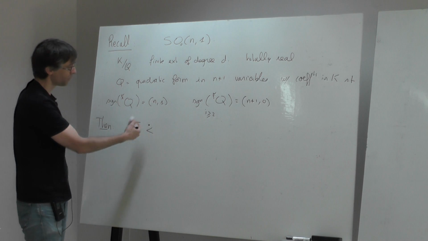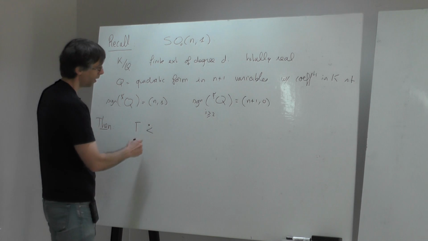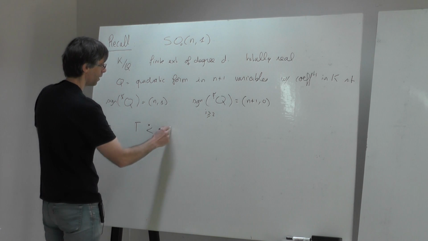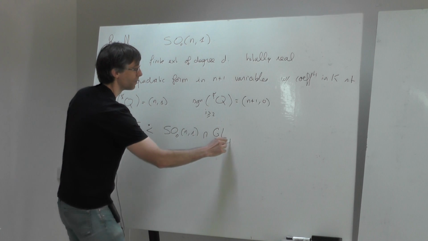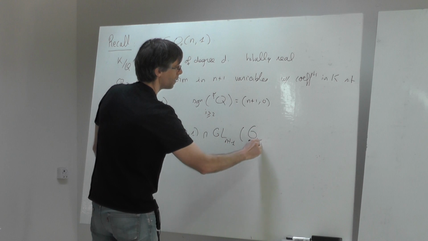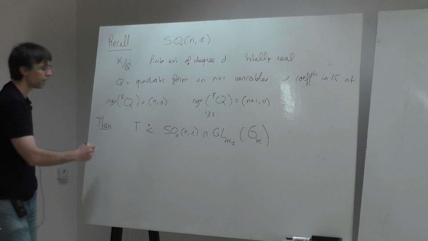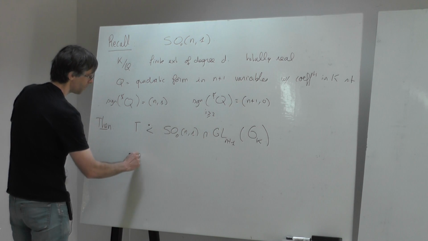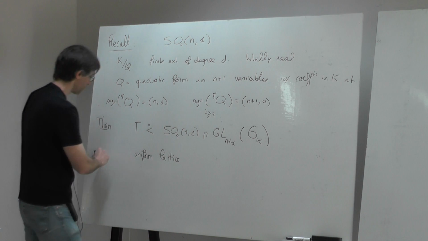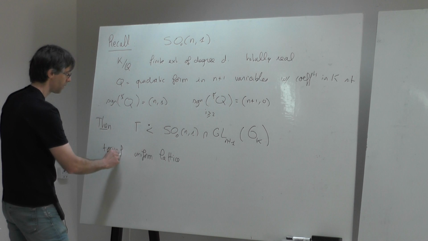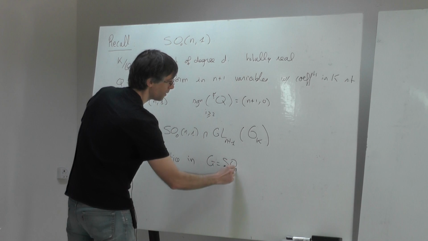So if you take a subgroup of sufficiently big index inside SO(n,1) intersected with the matrices with coefficients in the ring of integers, then gamma is a co-compact, torsion-free, uniform lattice in what I will denote G from now on, this group.